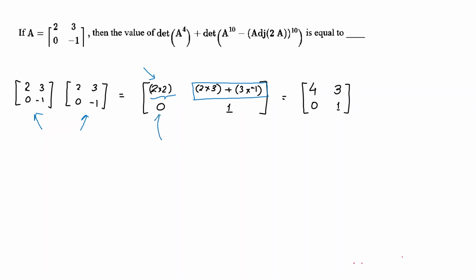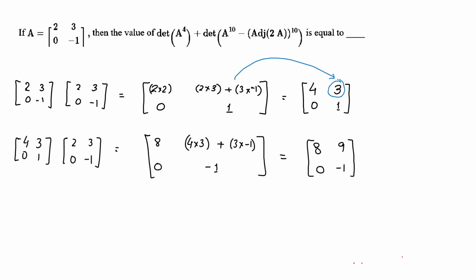The element in the second row first column is going to be 0 always, and the element in the second row second column is going to change between +1 and -1, as you will see. Here it is 1, because -1 times -1 is 1. Let me check, second row and second column, yes, it's going to be 1. So this is easy.